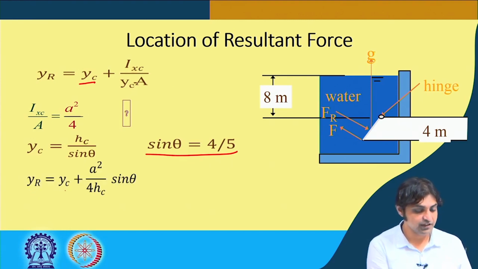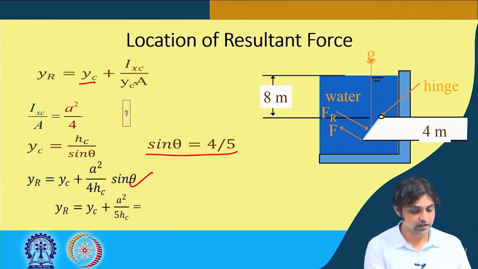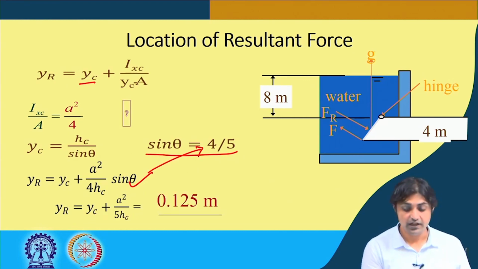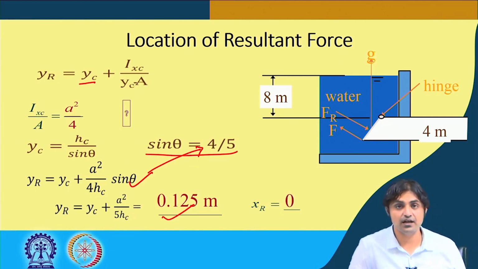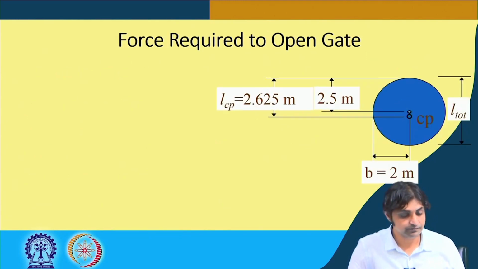So YR can be written as YC plus A square by 4 HC sin theta. If you substitute the value of sin theta as 4 by 5, you will get YC plus A square by 5 HC, and this comes out to be 0.125 meter. As the ellipse is symmetric about the centroid, we won't have any XR, and XR is going to be 0. Very simple calculations here.